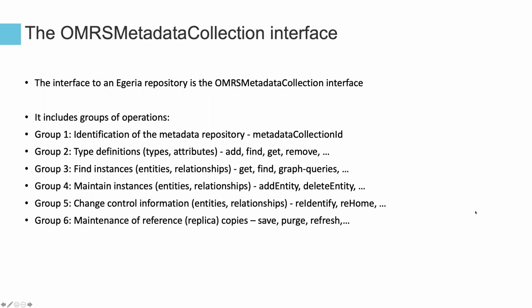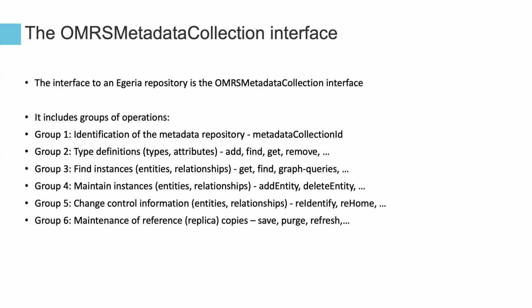The metadata collection interface has a lot of operations, as anyone who's implemented a repository connector will tell you. There are 6 groups of operations. The first one is very straightforward. It is really just about identification of the repository, which is by a GUID called the Metadata Collection ID.